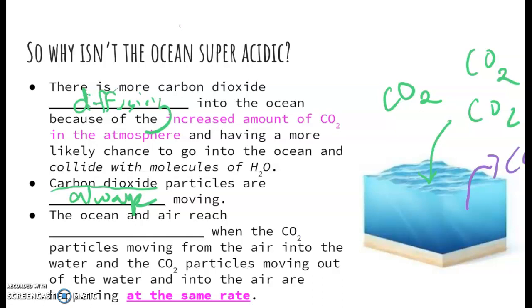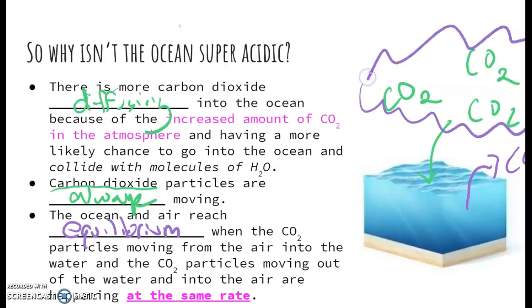So it reaches that equilibrium when the rate of the carbon dioxide going from the air into the water is equal to the rate of the carbon dioxide leaving from the water into the air. Even though this is the reason why our ocean isn't super acidic, the ocean is still acidic because we are sending more carbon dioxide out into the atmosphere since we started burning fossil fuels.